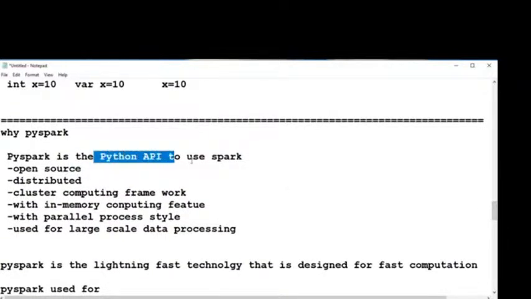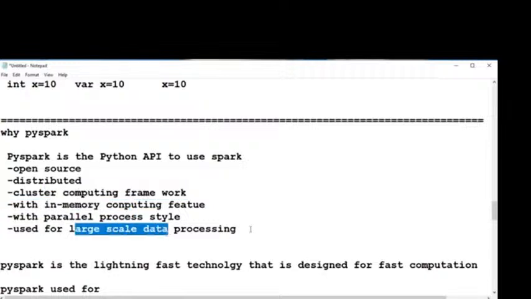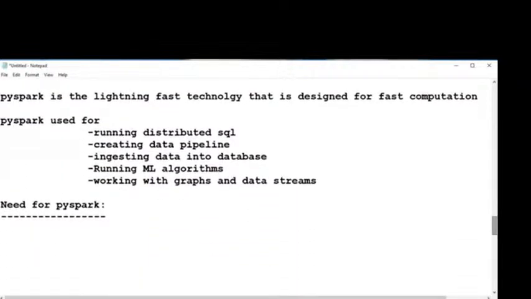It is the Python API to use Spark. It is an open source distributed cluster computing framework with parallel process style, used for large scale data processing.